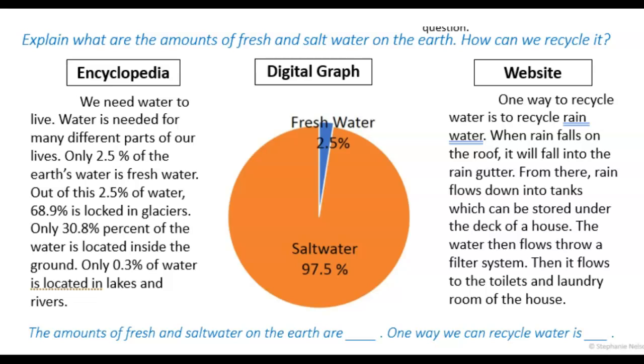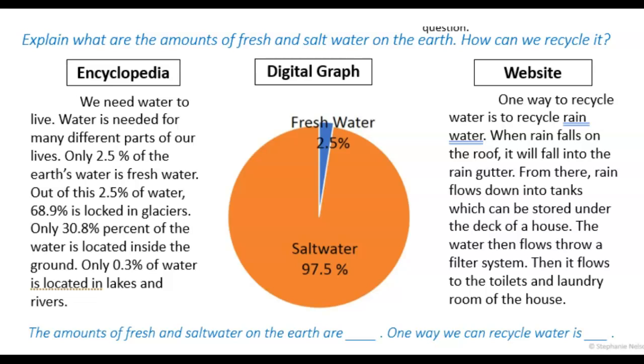So when you restate, okay, what are the amounts of fresh and salt water on Earth? So you're going to restate that into not question form, but an answer form. Then you give your answer. You tell where you got this according to the encyclopedia, or according to this digital graph. We didn't give you the title of it, but you could just say encyclopedia or website.